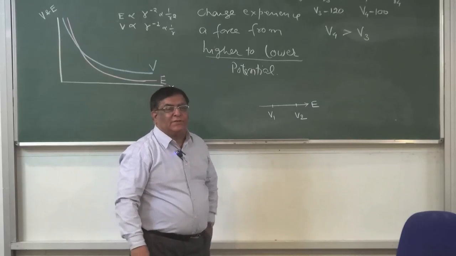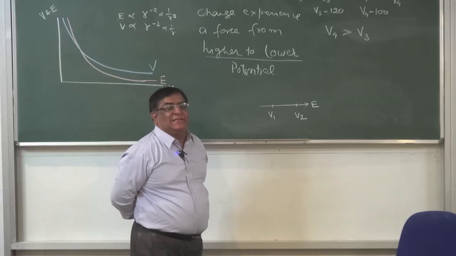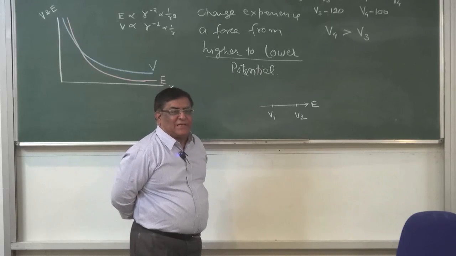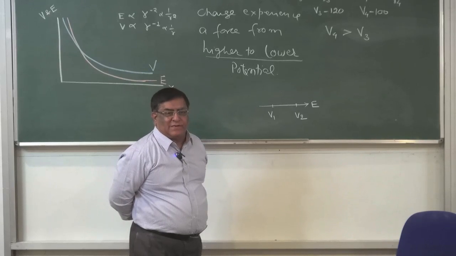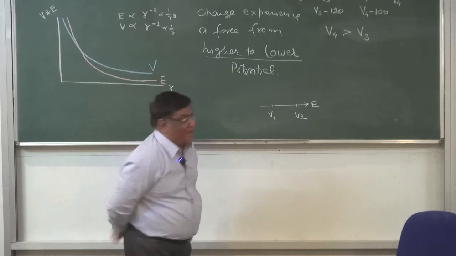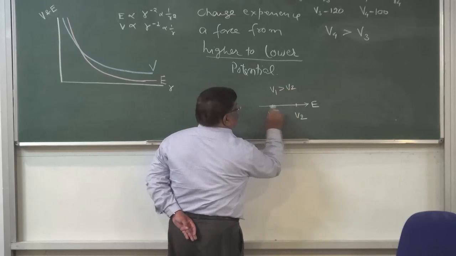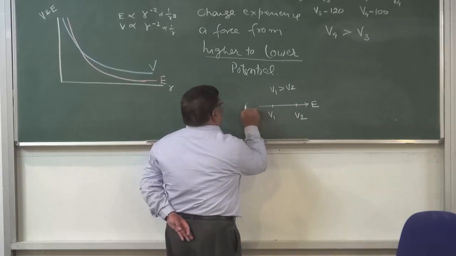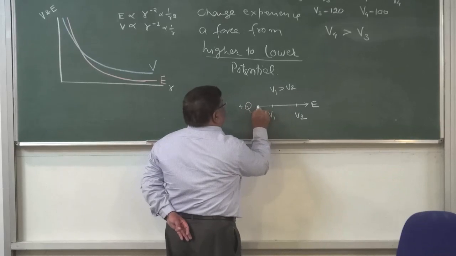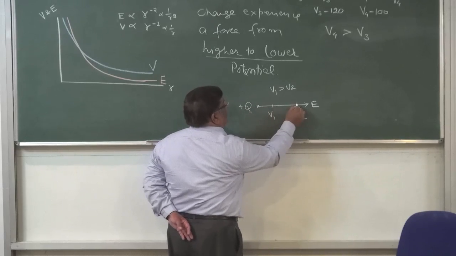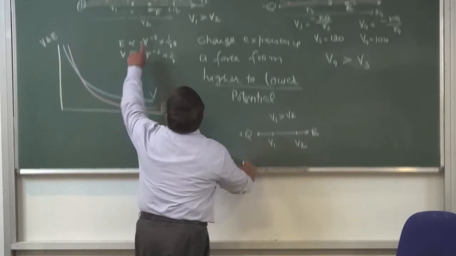In which direction is the potential increasing? V1 is higher or V2 is higher? V1 is higher, correct? V1 is higher than V2 because this is the direction of E, and here is the source charge. Therefore, this R is less, this R is more. V1 is higher than V2 here.